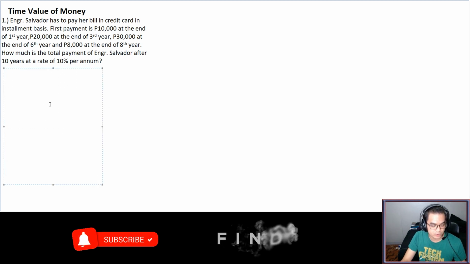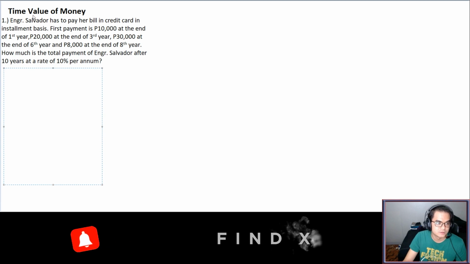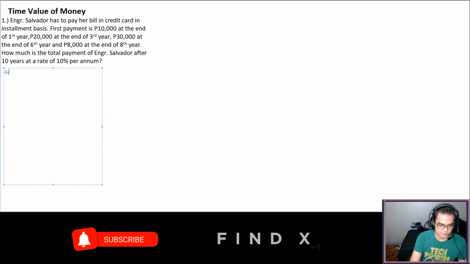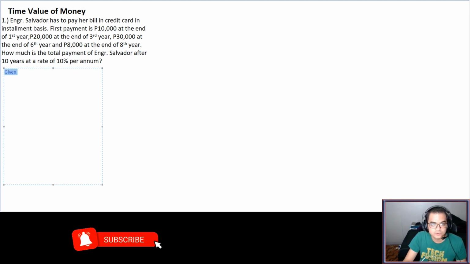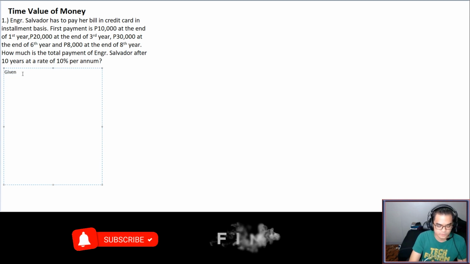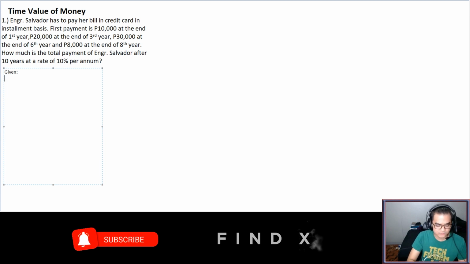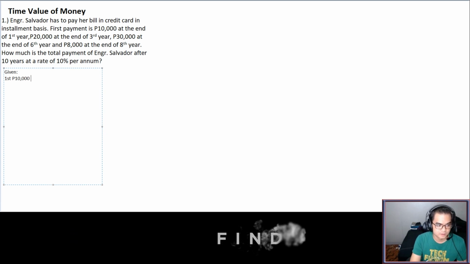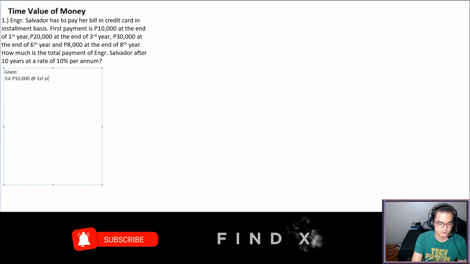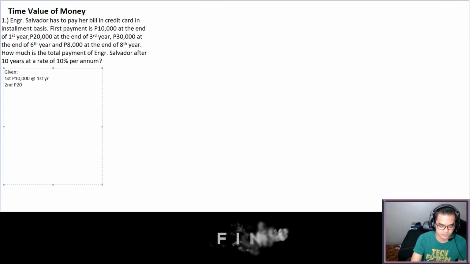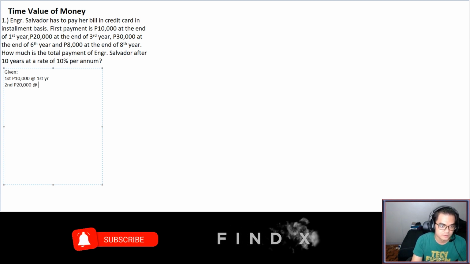Let's just put all the givens first. You always do this so that you won't get confused later on. We have multiple payments. The first payment is 10,000 at first year. The second payment is 20,000 at third year.